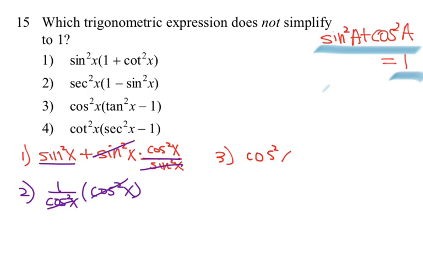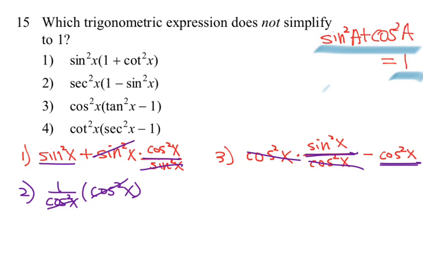Number 3, cosine of x is being multiplied to tangent and 1, but tangent is sine squared x over cosine squared x, and then as you distribute cosine squared to 1, we end up getting negative cosine squared. Okay, then the cosines cancel out, then we end up having sine squared minus cosine squared. Is sine squared minus cosine squared equal to 1? No, in fact, it's not.